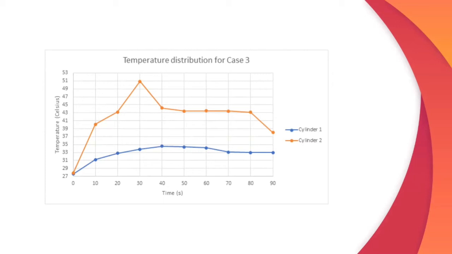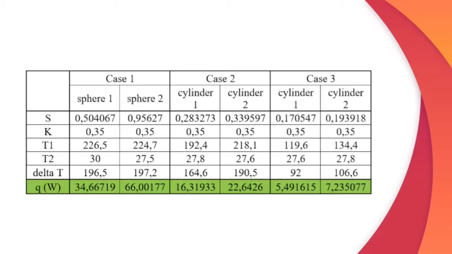The cylinder is not buried completely, and it's closer to the surface where the measurement is taken. Other than heating up fast, it also cools down fast, as seen in the peak in the graph for the second cylinder in the 20-second, 30-second, 40-second time interval.